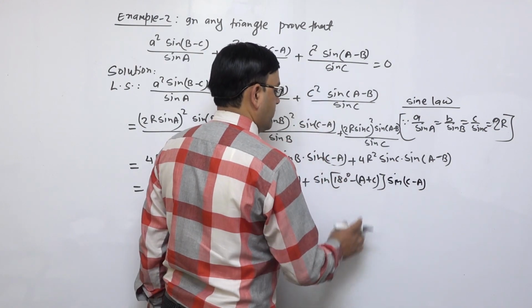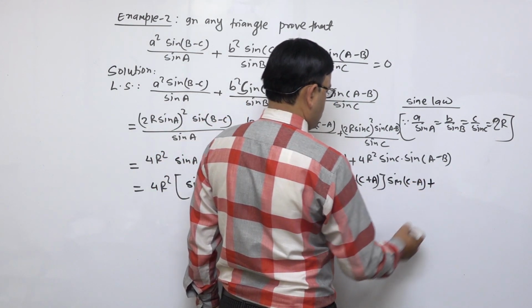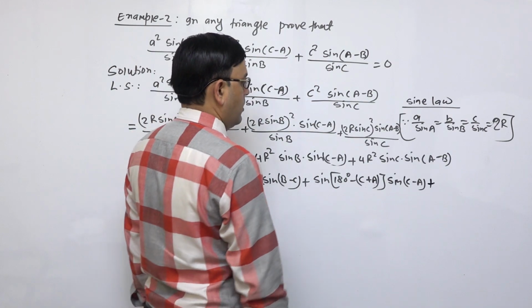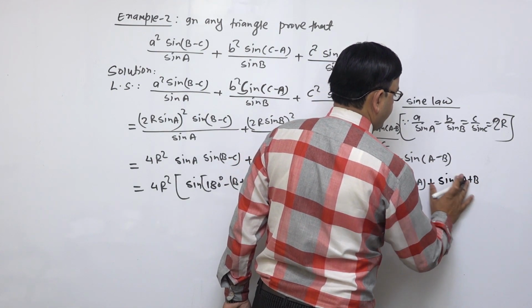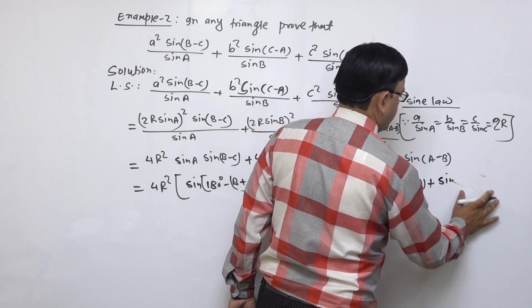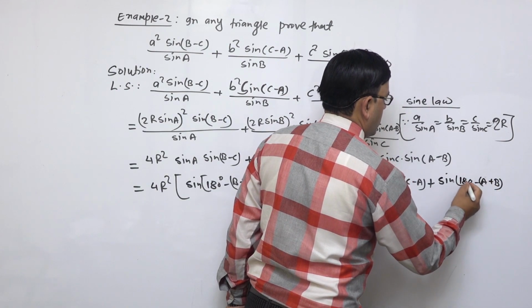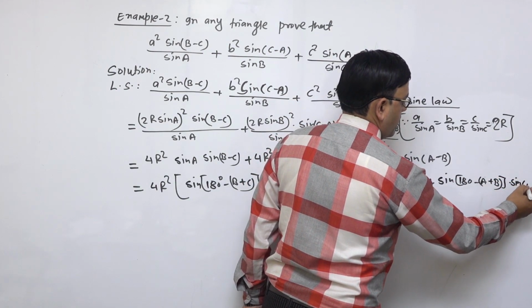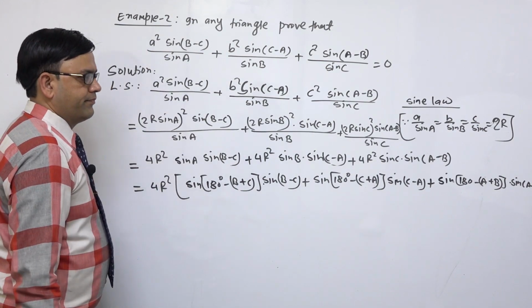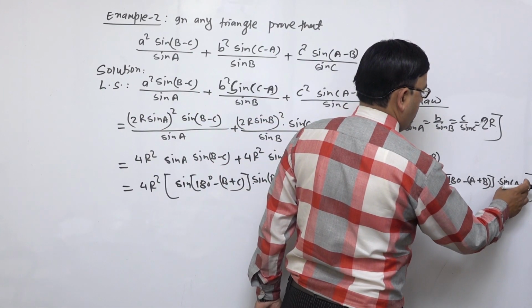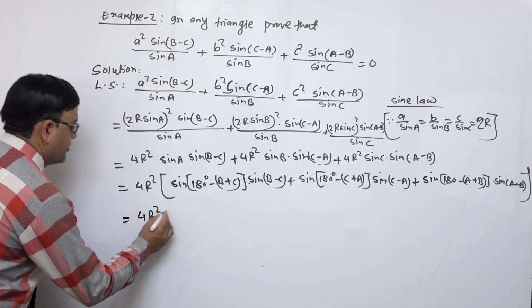Plus sin c is sin(180 minus (a plus b)), times sin(a minus b). This is how we closed it.